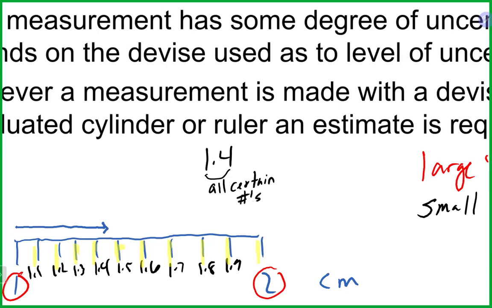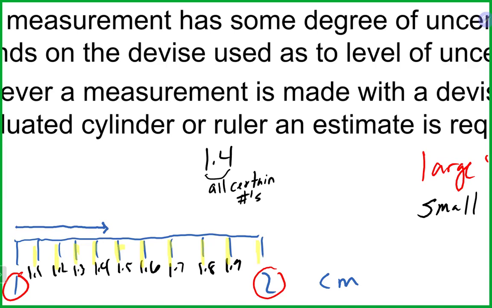Now, when we take a look at this, we can clearly see that the arrow is not perfectly at the 1.4 marking. It's not perfectly at the 1.5 marking. It's somewhere in between. That is where the uncertainty in this measurement comes into play. That's where the estimation comes into play, and it depends perhaps on whoever takes a look at it.